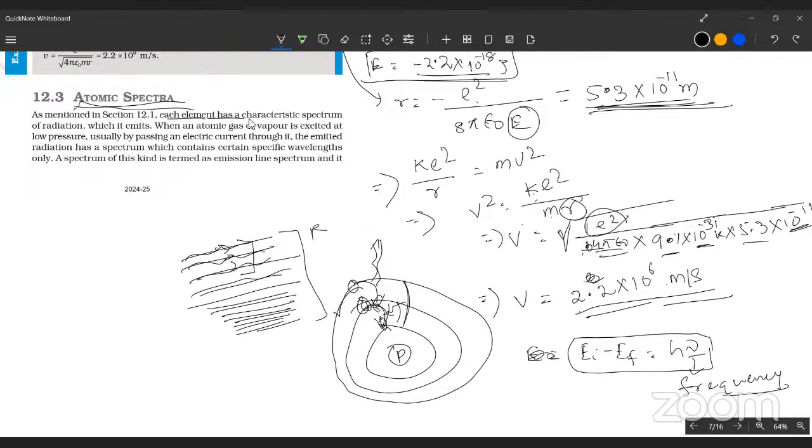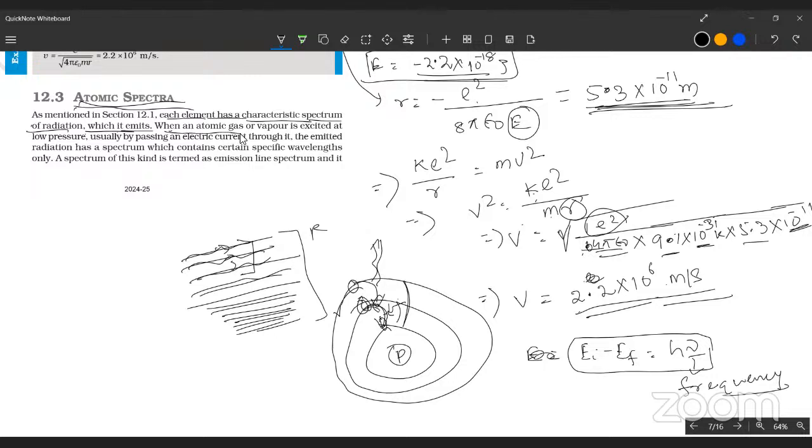Each element has a characteristic spectrum of radiation which it emits. Like hydrogen, the wavelengths it emits, helium may not emit the same, right?